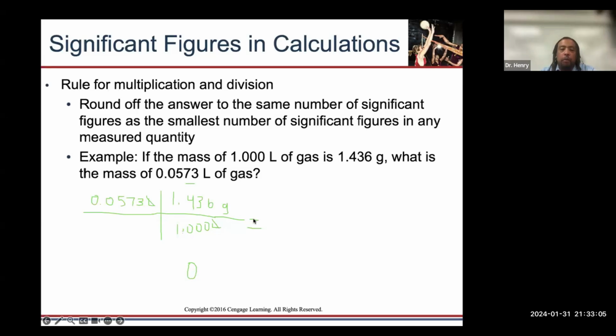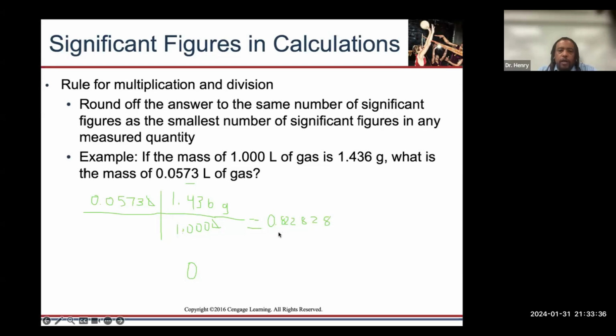Plug it in. So if we plug in our calculator, it's 8.2228.